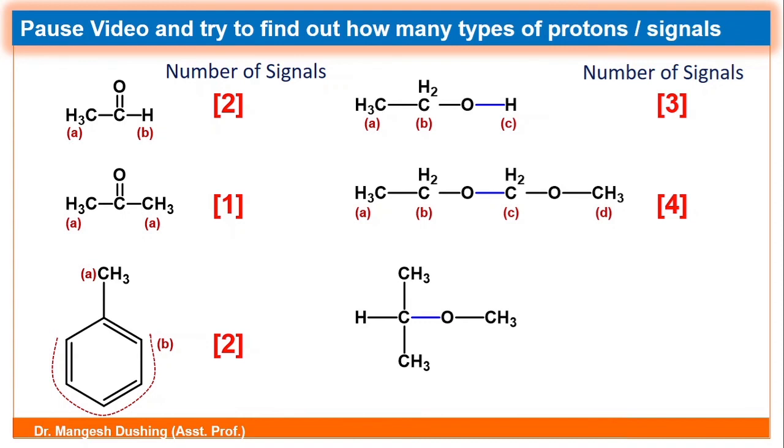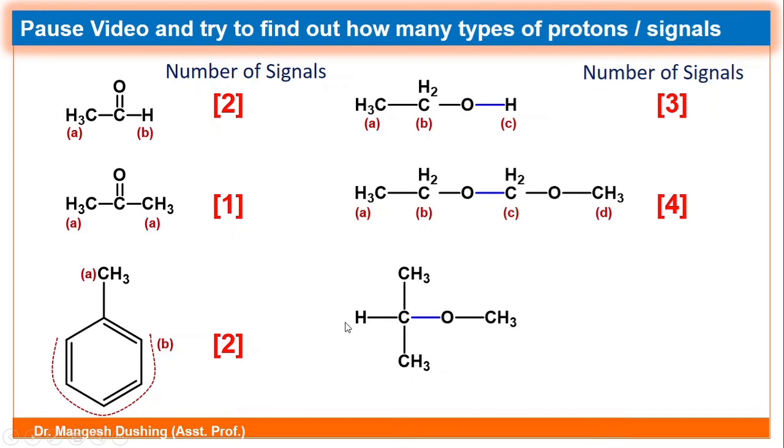Similarly, in this molecule also, see here, this H is different. HA, okay. These CH3s are different because this is attached to the carbon and this is attached to the oxygen. Similar case for this one also. But see these 2 CH3. This CH3 is attached to the same group as this.